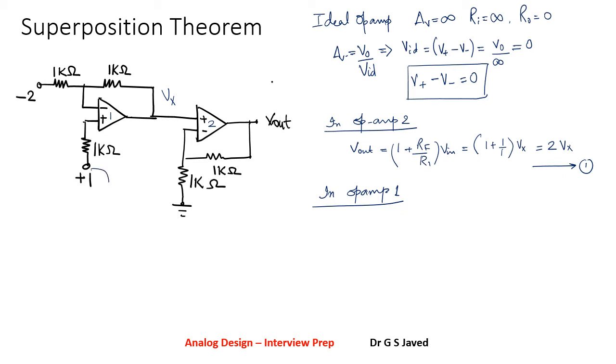So this we will ground and this will become the input. When this is grounded and this becomes the input, there is no current flowing internally, so this resistor does not contribute to the calculation. This node is at ground, and this node is also at ground, or the voltage is 0.